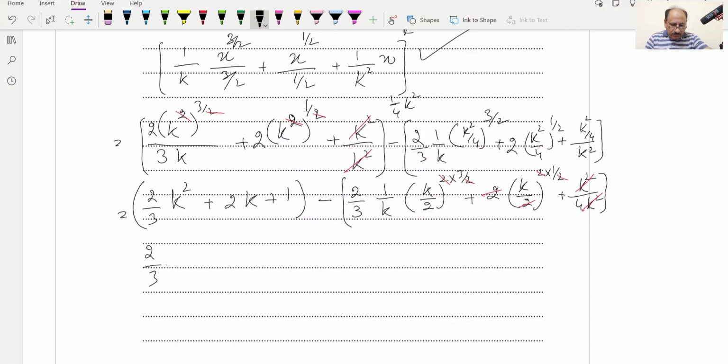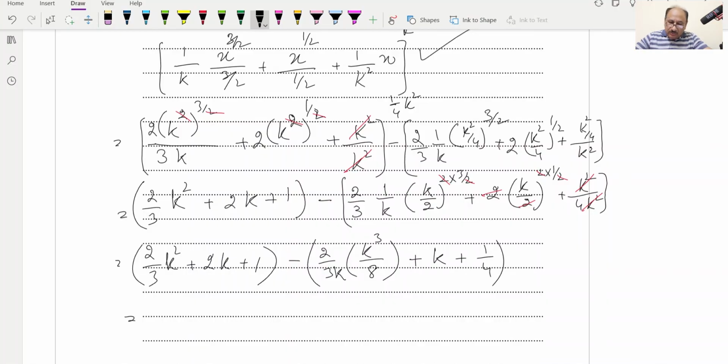The first part I will copy as it is without any change, and the second part we can write as 2 over 3 and k squared over 2 cubed, sorry, 8, so k cubed over 8, and this is 3k over here, and plus this will be only k, and plus this will be 1 by 4. Hopefully you are following.